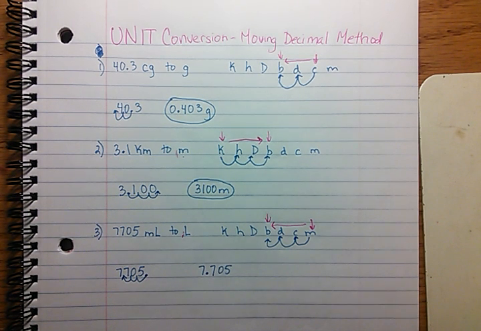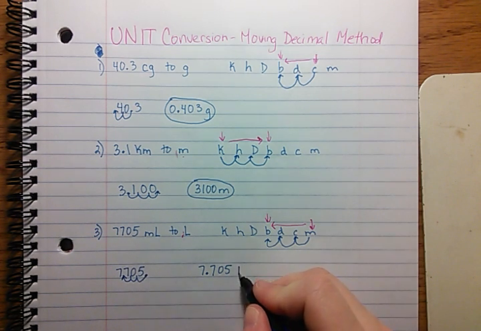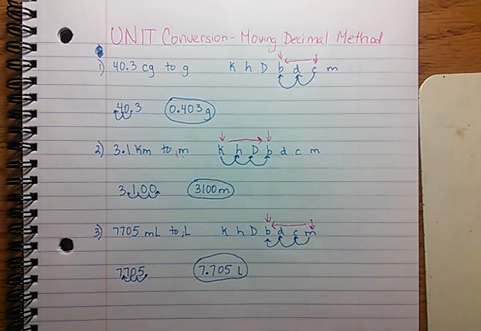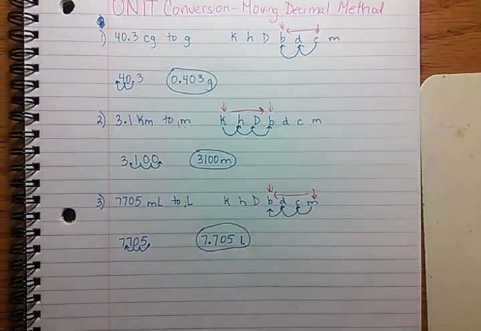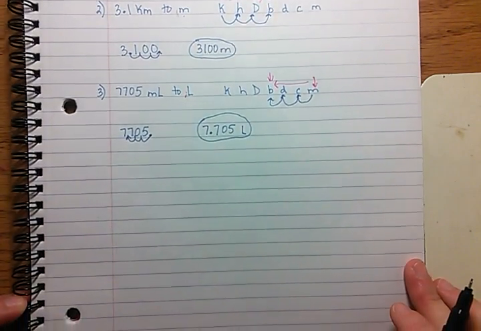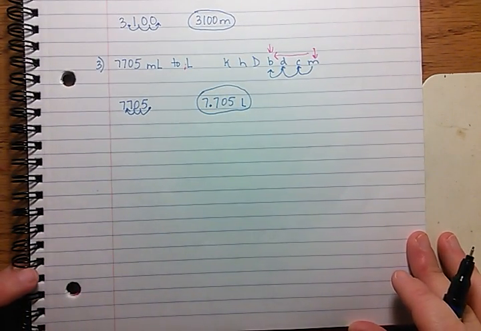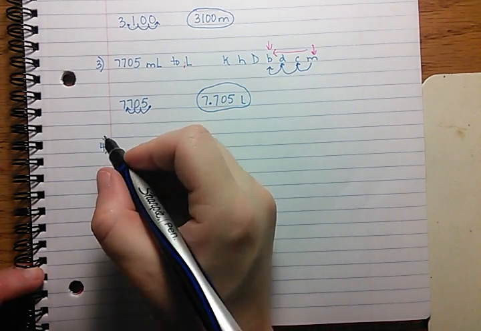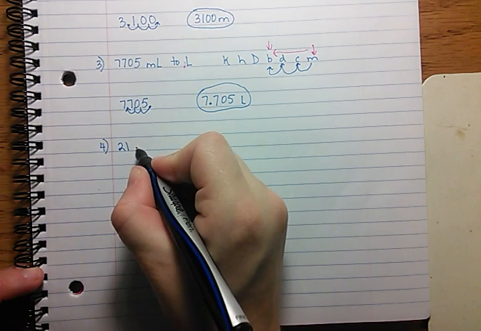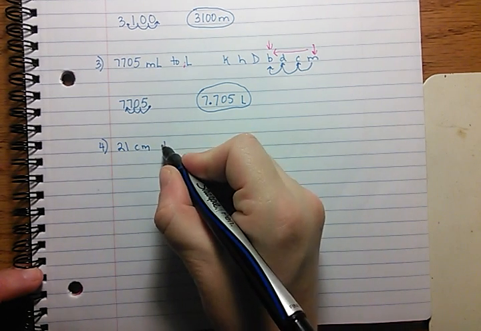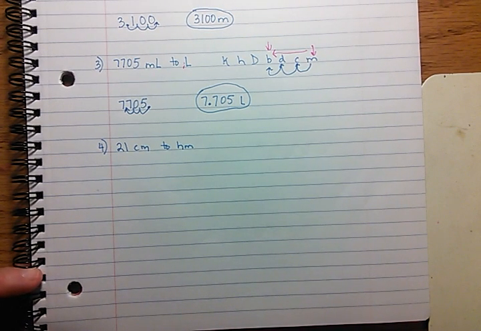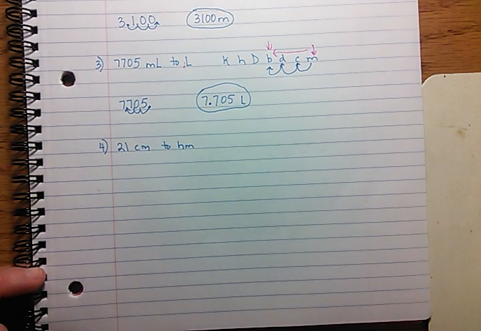So what this problem tells us is that 7,705 milliliters is the same as 7.705 liters. Problem number 4. Again, I'd like you to pause the video to try this problem.